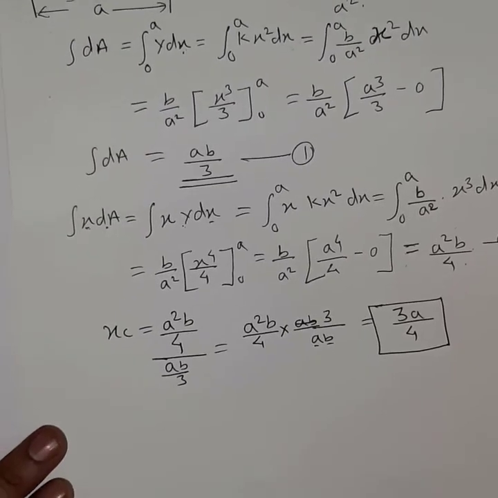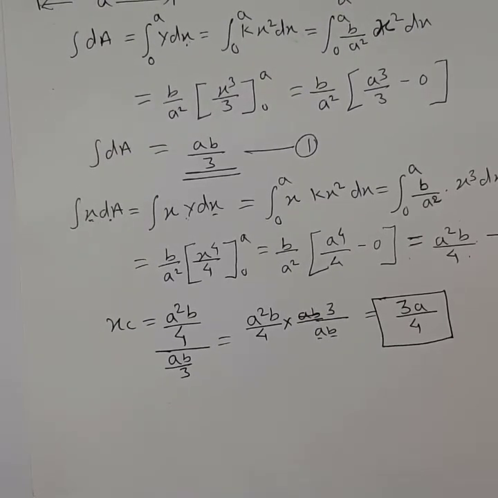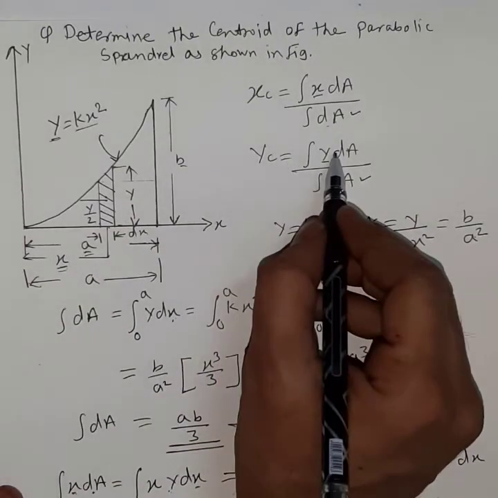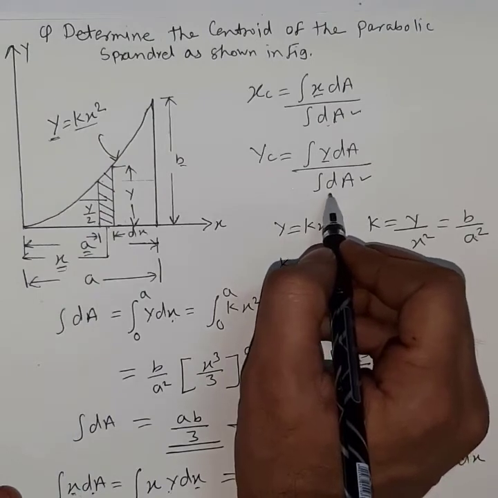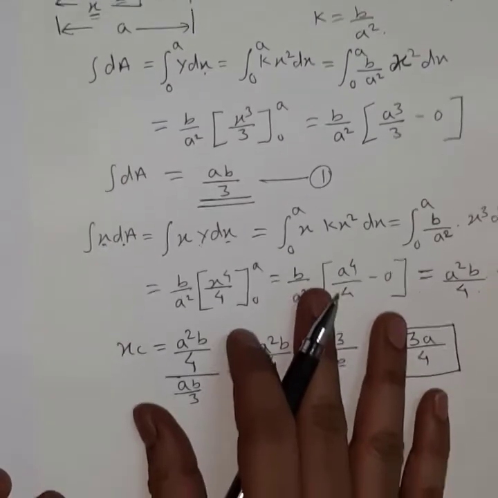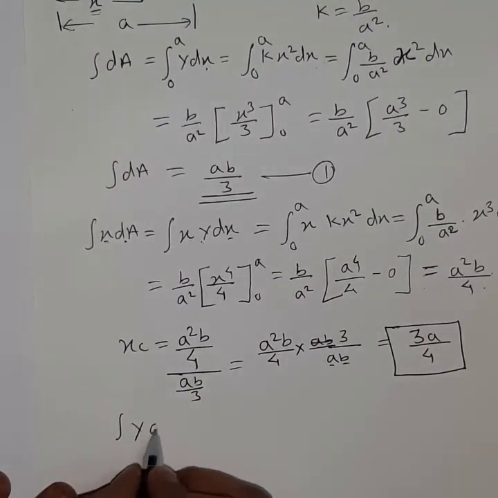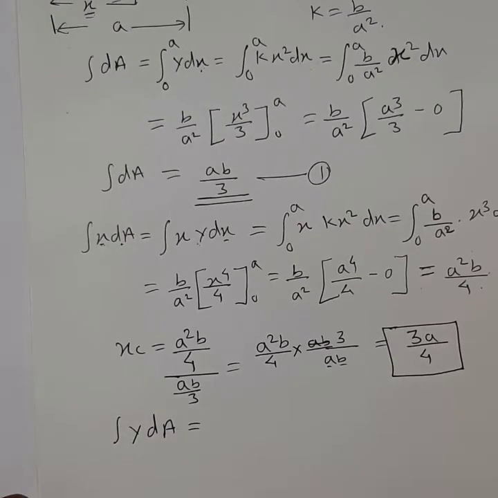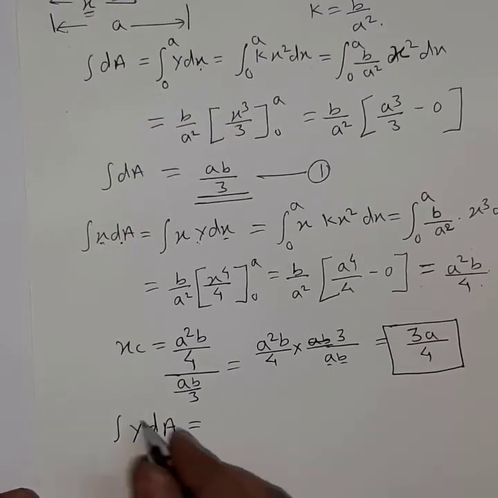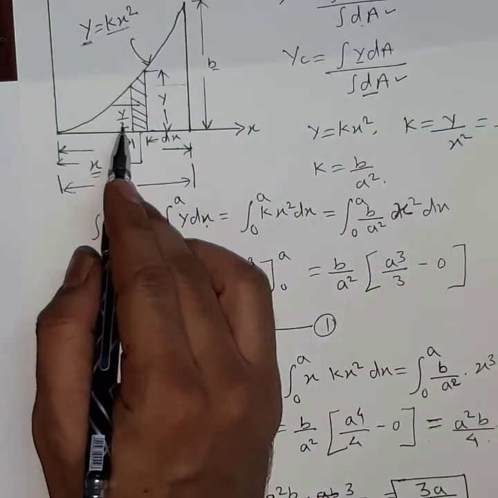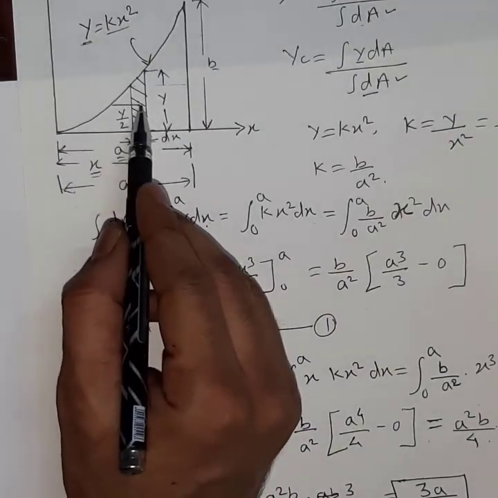In a similar manner we can solve it for yc. The formula for yc is integration y dA divided by integration dA. We already have the value of integration dA, so we determine the value of integration y dA. The value of y here will be y divided by 2, which is the centroid of that elementary strip from the x axis.